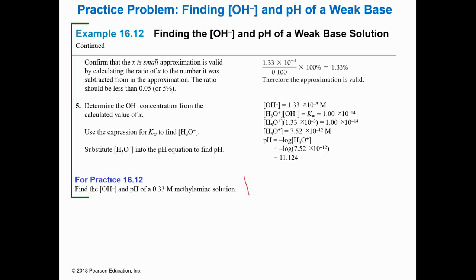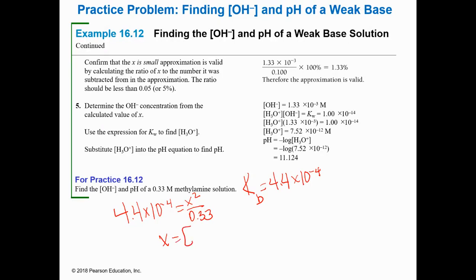So Kb, in this case, remember on quizzes and tests, I'm going to give this to you. Okay, so there's our methylamine. So I do our 4.4 times 10 to the negative 4 is equal to our x squared over 0.33.